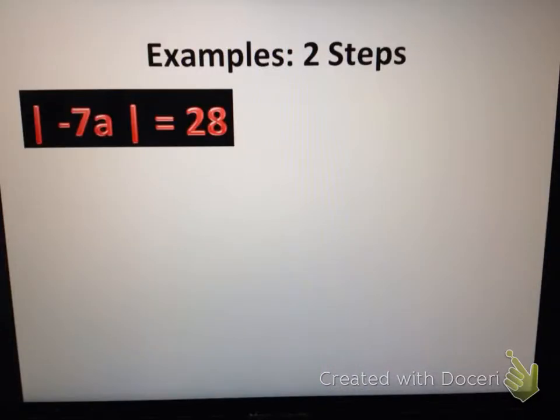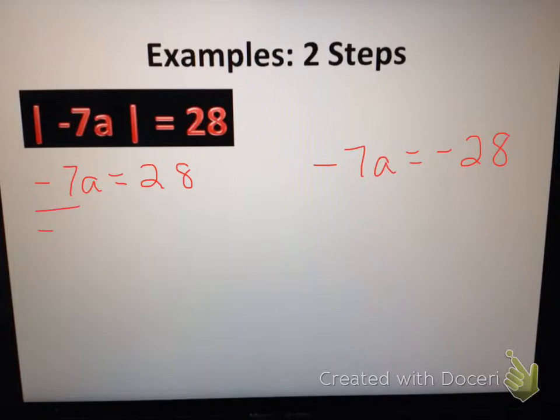Problem number 6 requires us to go back to step number 2. Step number 2 says that we set the inside equal to both positive and negative numbers from the other side of the equation. In this case, it will look like this. We'll have a negative 7a is equal to a positive 28, and a negative 7a is equal to a negative 28. After we set that up, we move on to step number 3.